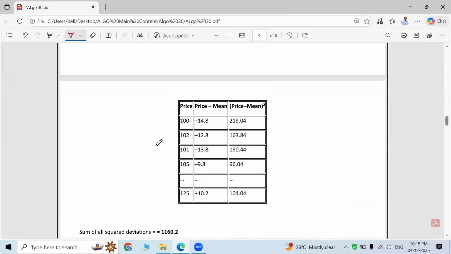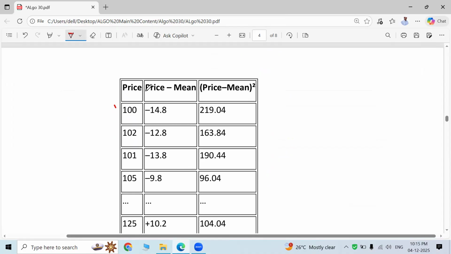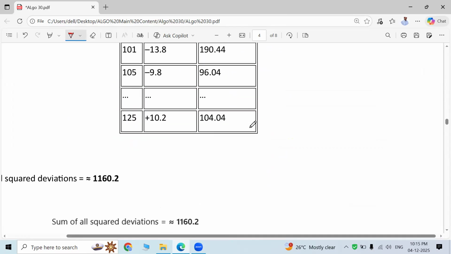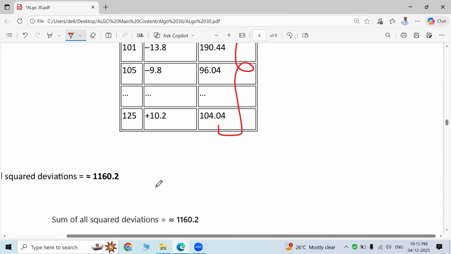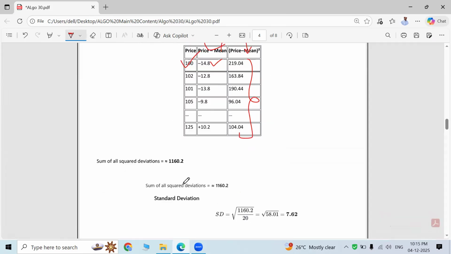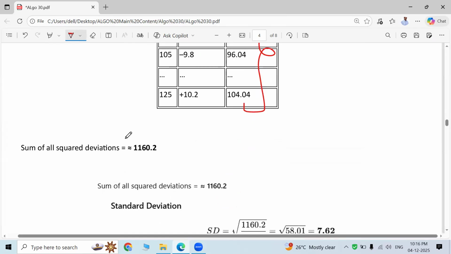Once we get the mean, we subtract the first price from the mean and we get some deviation from the mean. We cannot use this deviation as negative, so we have to square it. After that, we add all these values. This gives me the sum of all square deviation.